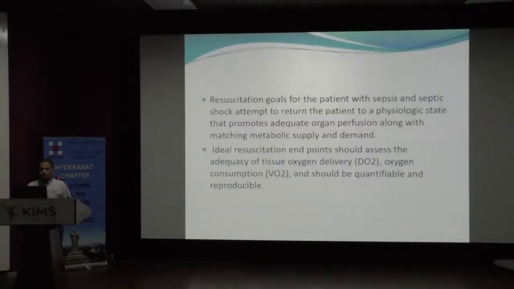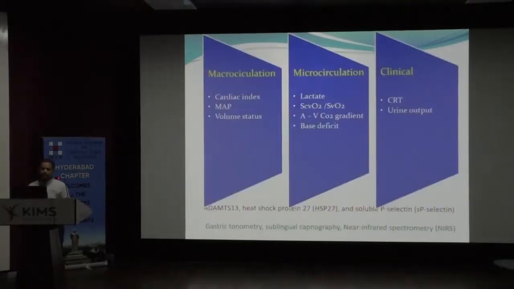So why are we doing this? Our resuscitation goal, if you ask me, is to improve organ perfusion, matching metabolic demand and supply, so that oxygen delivery increases. And how do we measure it? Macro, micro and clinical. Macro circulation, I think today we know a lot of things. Micro, the main measure is still lactate, though there are confounding factors; it is the best surrogate marker we still have.